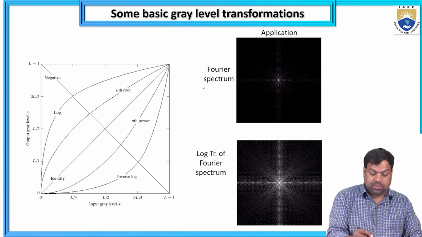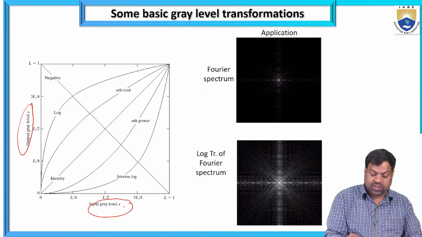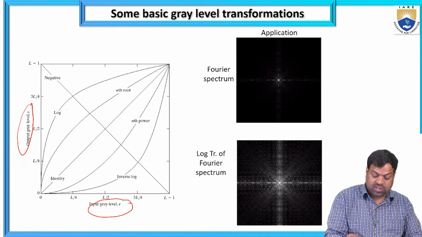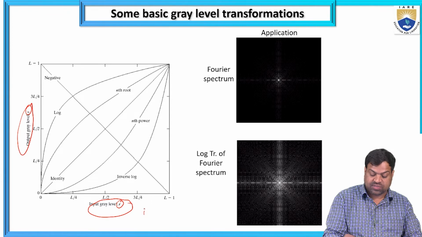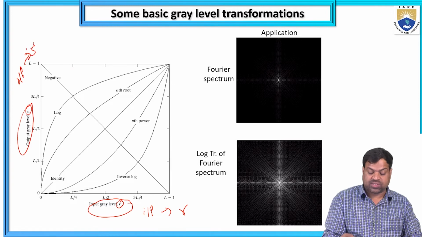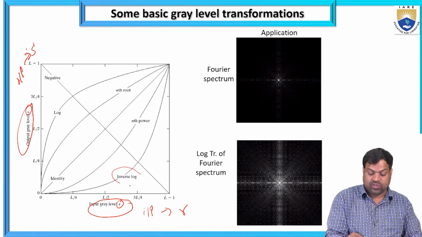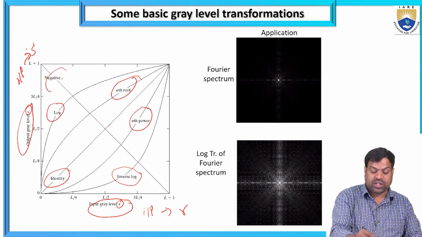Suppose I am taking one image with input gray levels, called R, and output gray levels, called S. Input R, output S. It is like the inverse log, the identity, logarithmic, nth root, nth power, and negative.